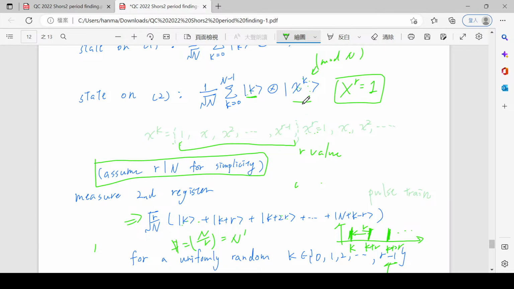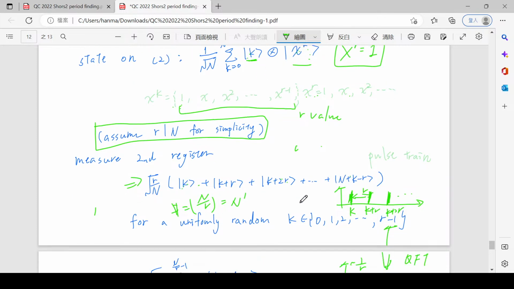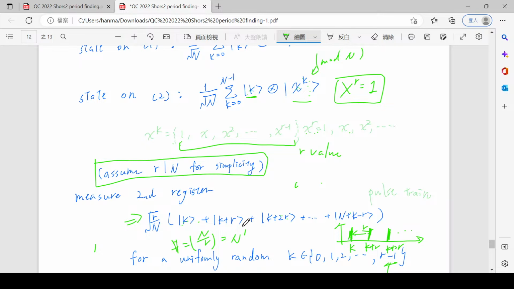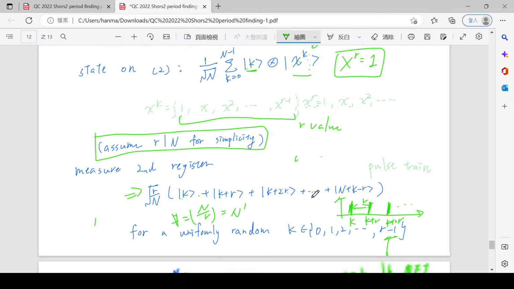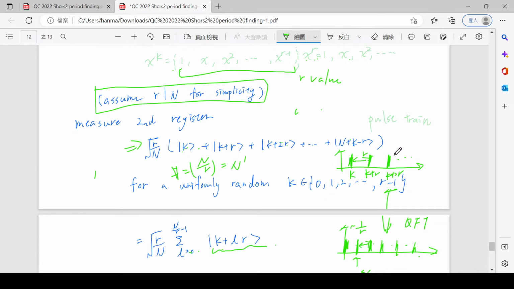So you collapse this into one of the r possible values, and then you will collapse this k into the corresponding values. So if it's some x to the k here, the first register should be k or k plus r or k plus 2r, etc., all the way to k plus n minus r.